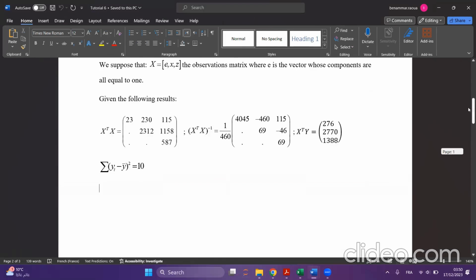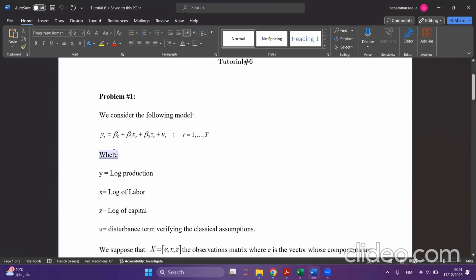So this is a log-log model, so the coefficients beta 1 and beta 2 represent the elasticity of the production with respect to the labor and capital, respectively.